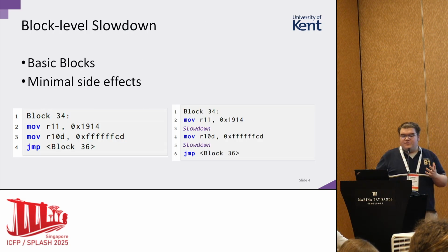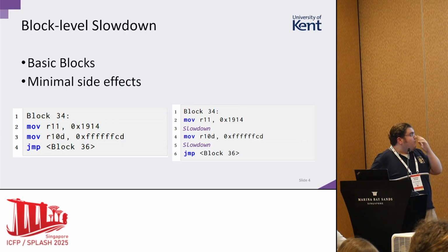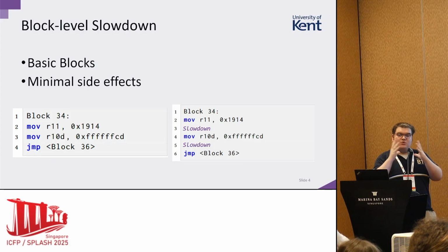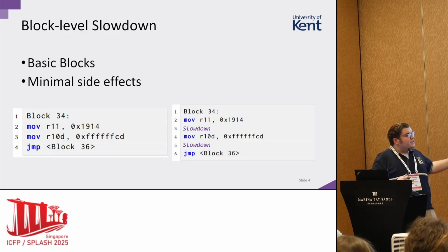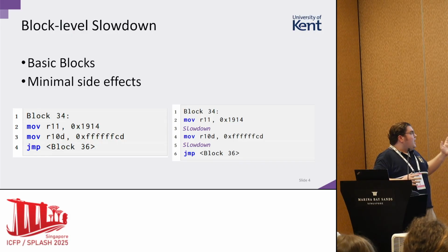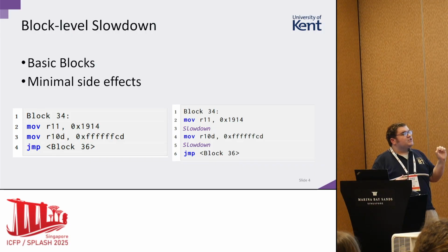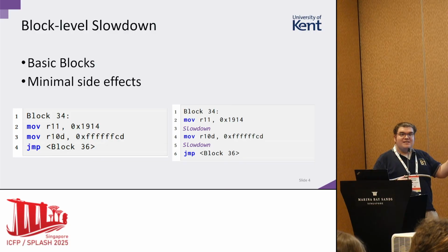We're going to achieve slowdown at the basic block level. Basic blocks are just general ways to organize machine code. They have one entry point and one exit, so there will only be one jump. Why it's useful to use these for slowdown is once you've added slowdown into a block, if that block is executed, the slowdown is guaranteed to be executed.